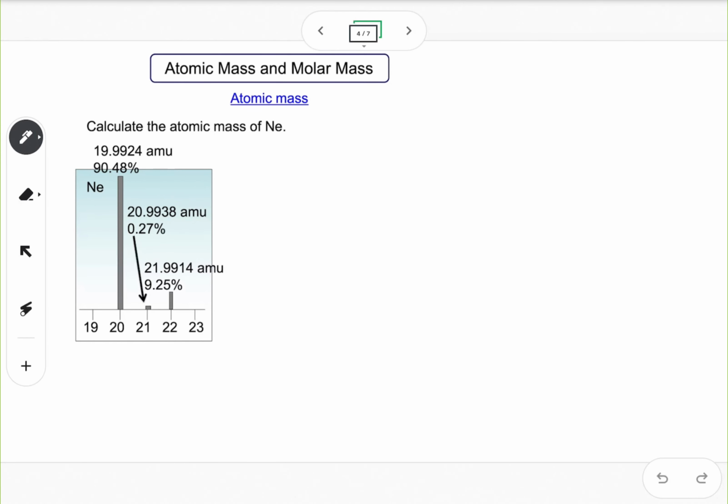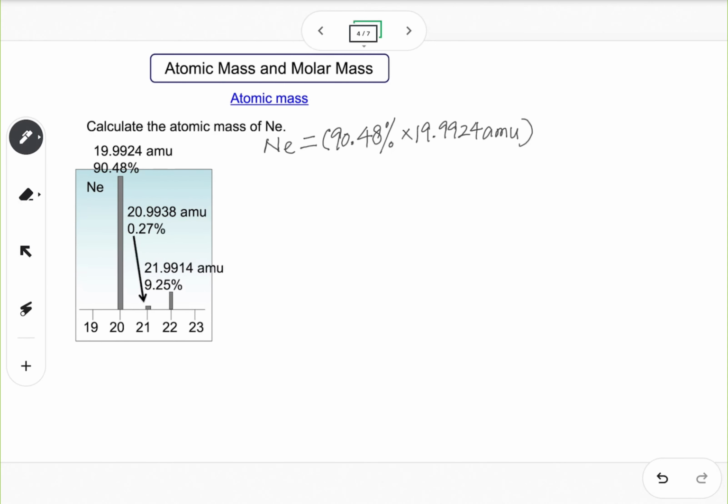So for neon, that equals isotope 1, this one here. Let me write this down. 90.48%. You can write down the percentage when you set up the equation, but when you do the calculation, you have to convert this percentage to its actual value, times 19.9924 AMU.